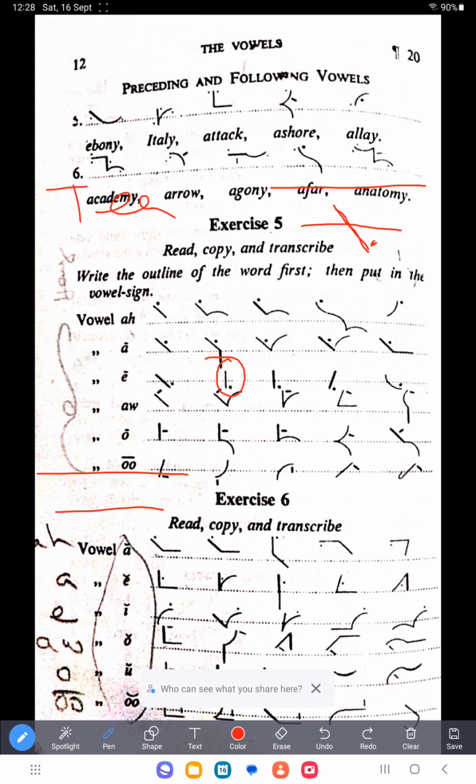B and E, B. In the same way, the second example states T, T-E-A-T. So through the line, we are writing a T and putting a vowel E sound at the end. The next word says D. So writing a D through the line and putting a E sound.